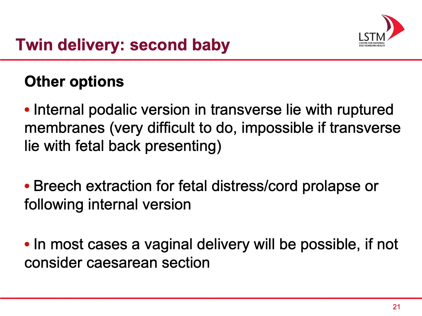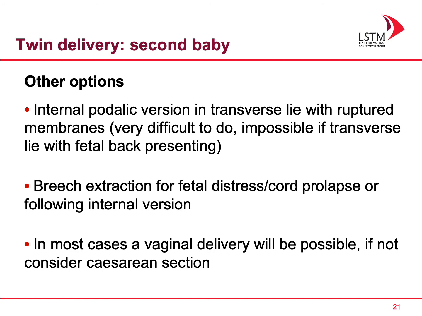Other options to deliver the second baby, as explained earlier, is the internal podalic version in transverse lie with ruptured membranes, where we aim at the baby's feet and then pull them towards the outlet and deliver it as breech.